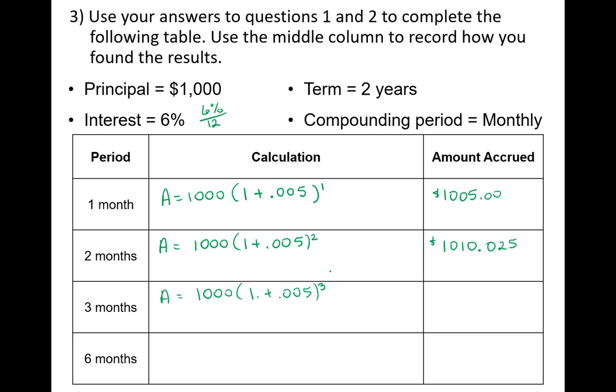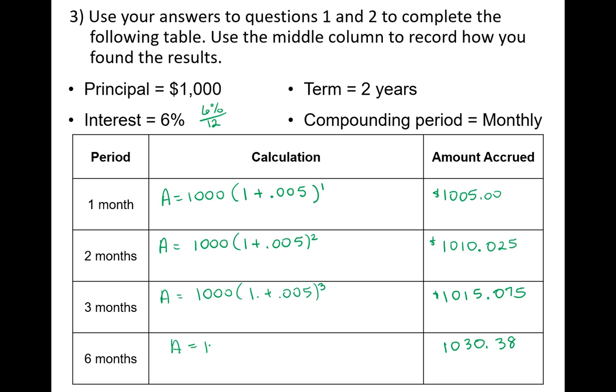So for 3 months, again, we're going to get more than just the $5 we started with. Just like 0.075 and a little change. By the time we do this for 6 months, we will get $1,030.38. I'm going to round to the nearest penny.